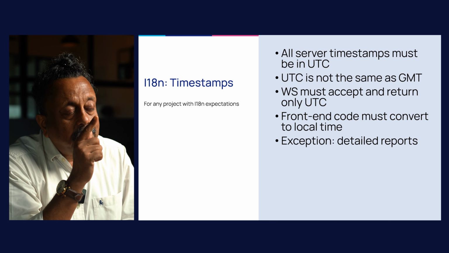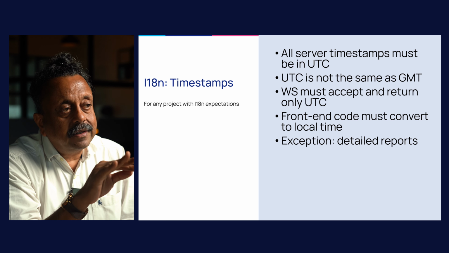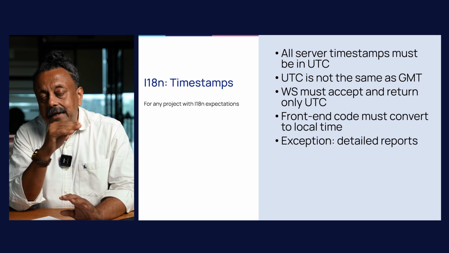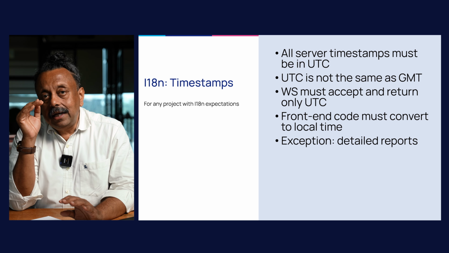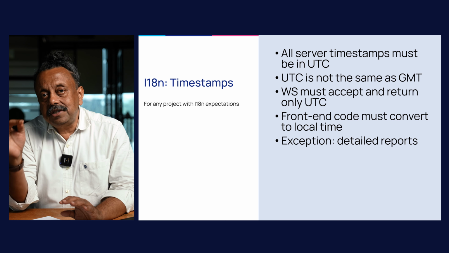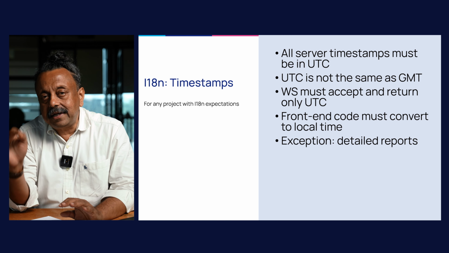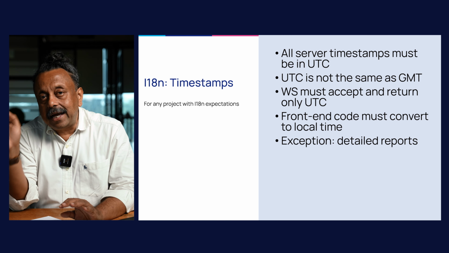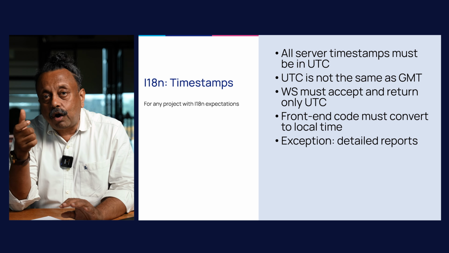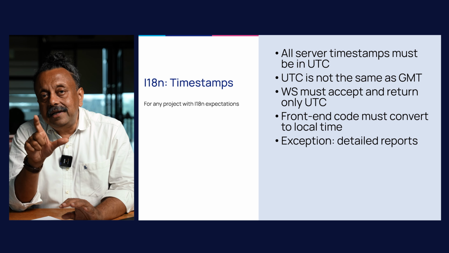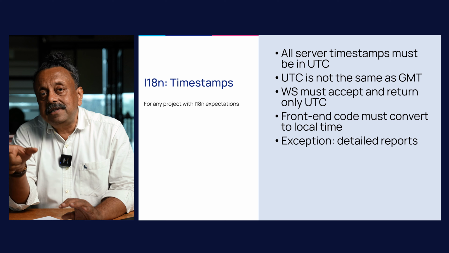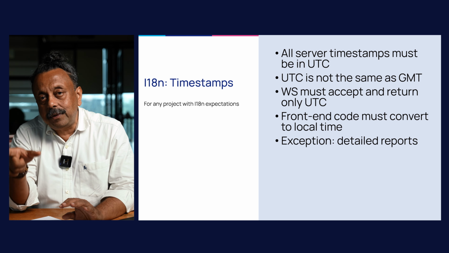Therefore, only in that one case, we have a standard where we say that our standard solution to this problem is that all web services which generate detailed reports must take an end user timestamp as a parameter. So the offset between UTC and the desired end user timestamp must be supplied to the web service as a request parameter.